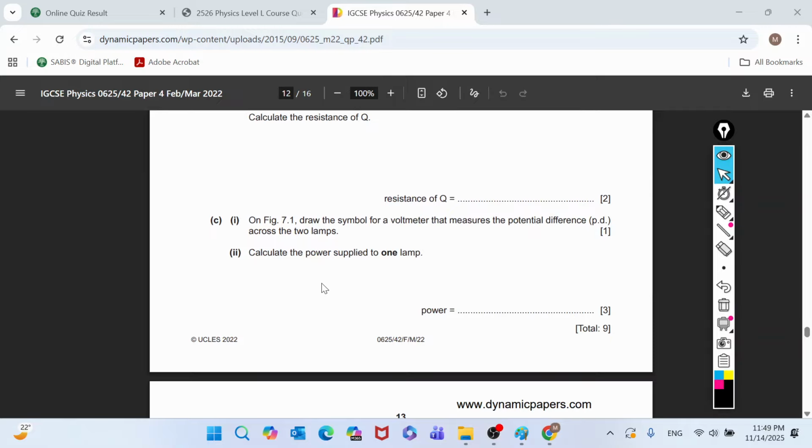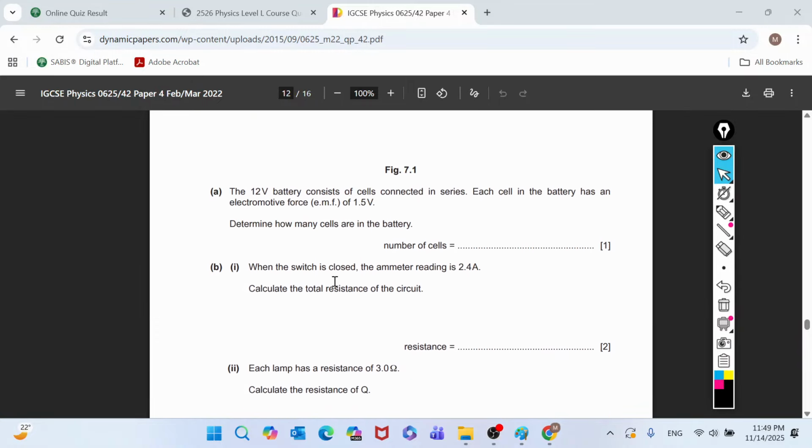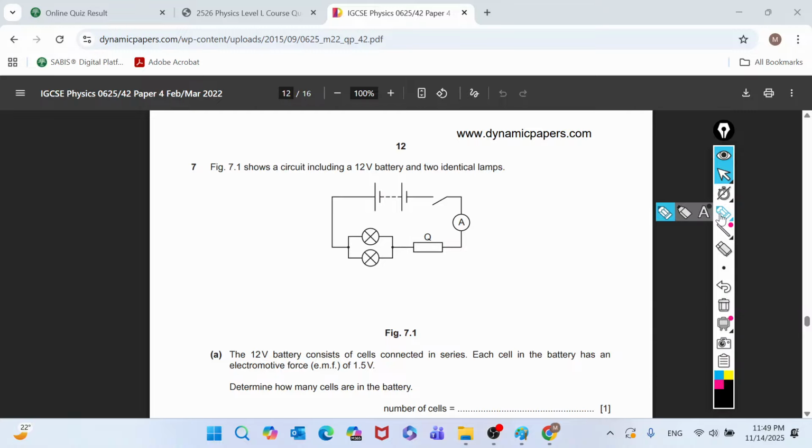Calculate the power supplied to one lamp. Okay. The resistance of this lamp is 3. The current passing through that lamp is, oh, do we have the current? Yeah, 2.4.